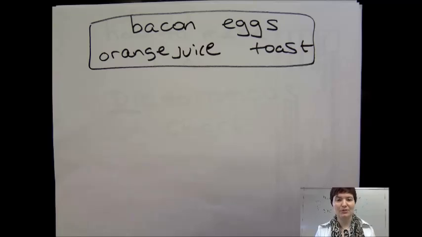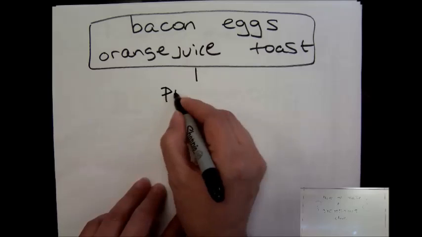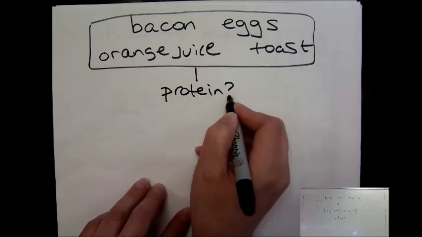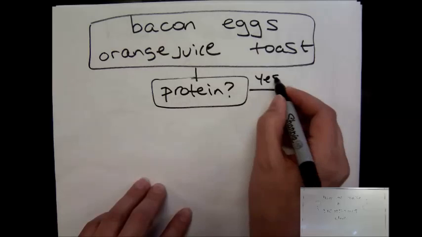Now, the first thing I want to do is ask a question that's going to help me narrow down these choices. So the first question I'm going to ask myself is, do I want protein this morning? Yes or no? So here's my first question. Protein? Yes?